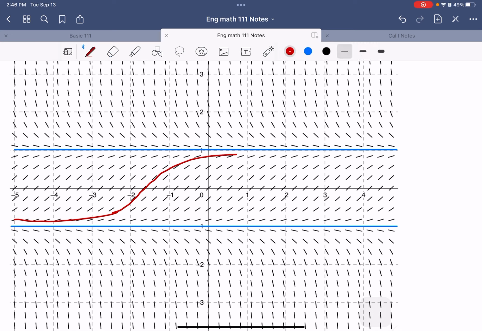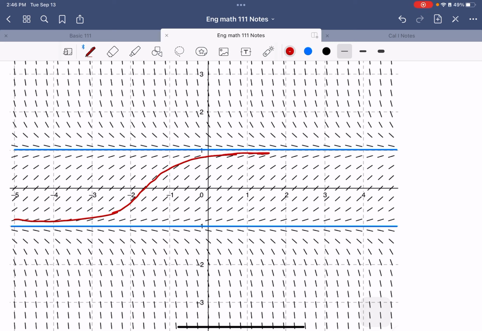These two blue lines are acting like asymptotes. It starts from a large negative infinity and goes here. If you move the curve to the left or right, it has similar behavior.